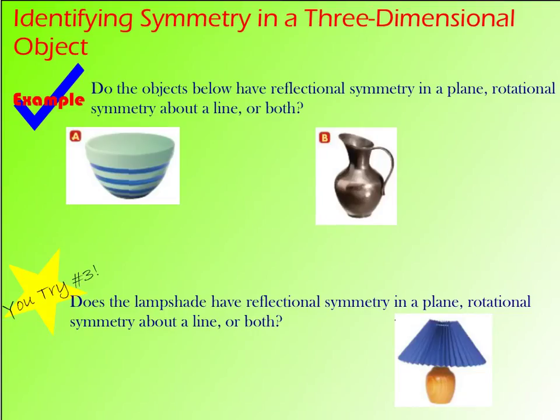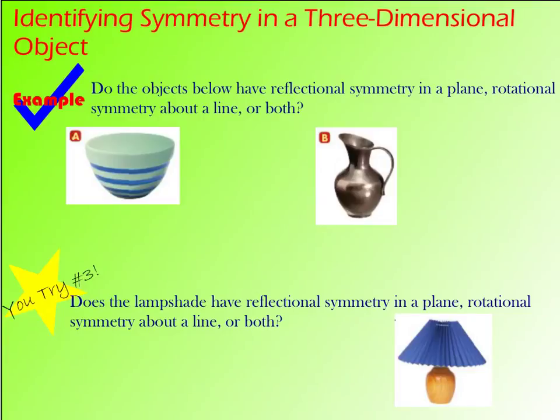So let's look at a couple of examples here. I want to see in this figure A here, do I have reflectional symmetry? Reflectional symmetry. And then also, do I have rotational? It is possible to have both, so we're going to have to consider this. Do I have reflectional? So can I cut this thing in half in any way so that I will have congruent pieces? And I can.